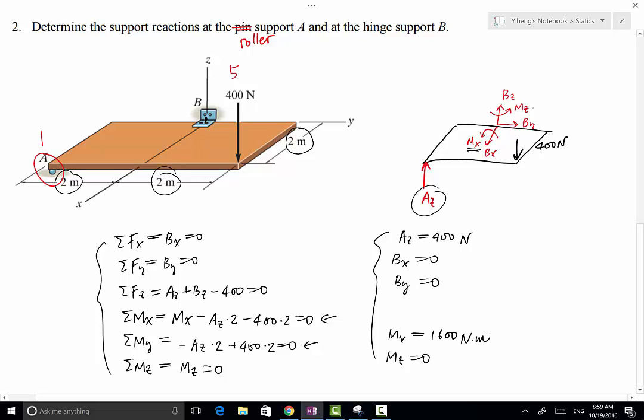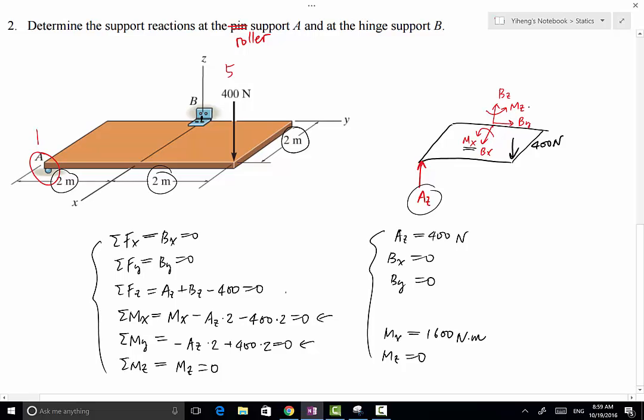And then because we know that az equals 400 Newton, substitute into this equation, we can solve for bz, which is also 0. So that's the solution to this problem.